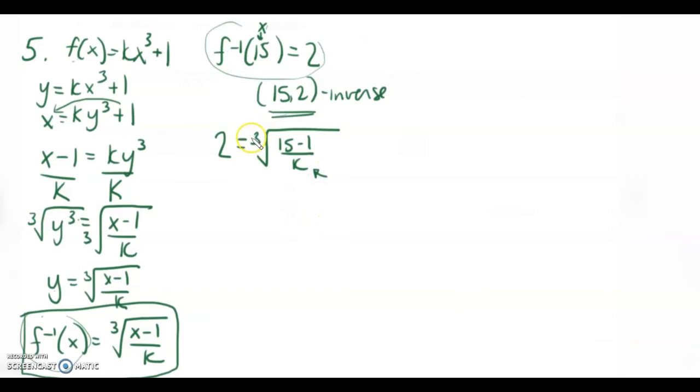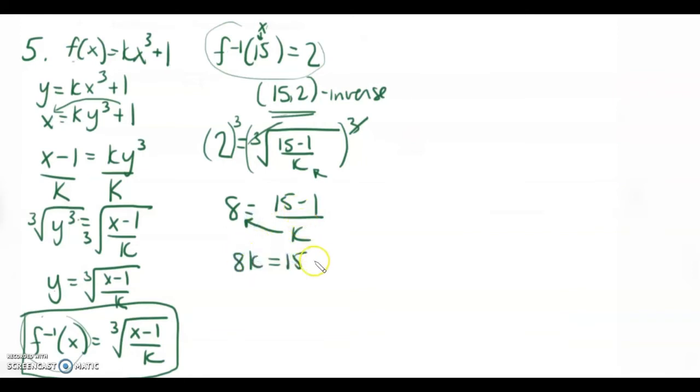So in order to get the cube root off the right-hand side, we have to cube both sides. This cube root and this cubed go away. So we have 8 equals 15 minus 1 over k. I'm going to cross multiply the k up, so we have 8k equals 15 minus 1.